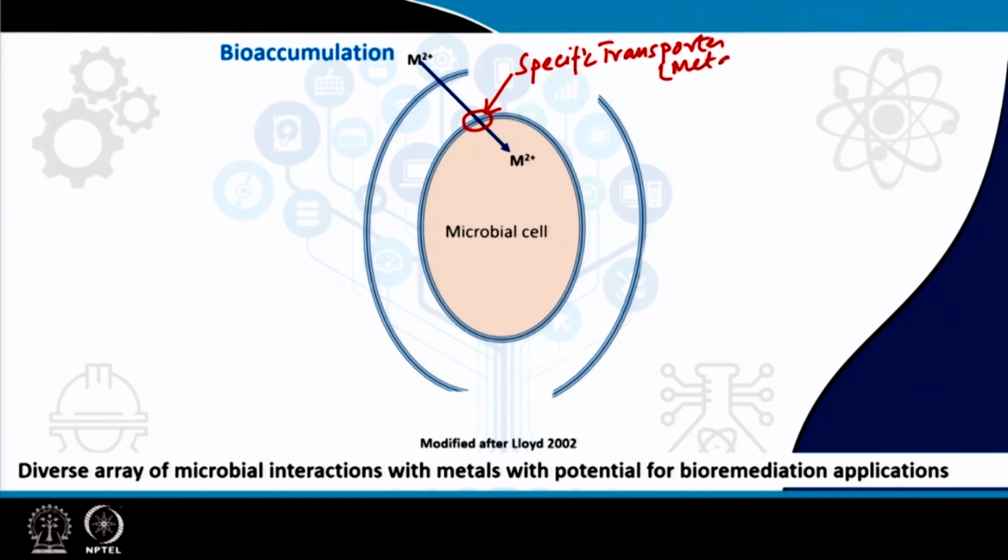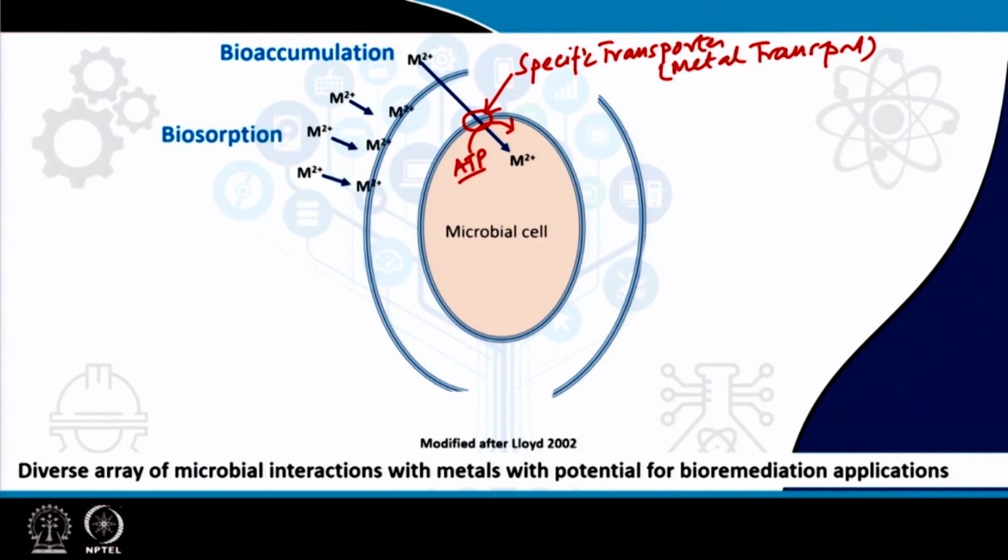Metal transporters often require a supply of energy like ATP, because these are energy driven processes. Most of the time, these are the characteristics of metabolically active cells. Why metabolically active cells? Because only metabolically active cells will have sufficient energy, for example, in the form of ATP.